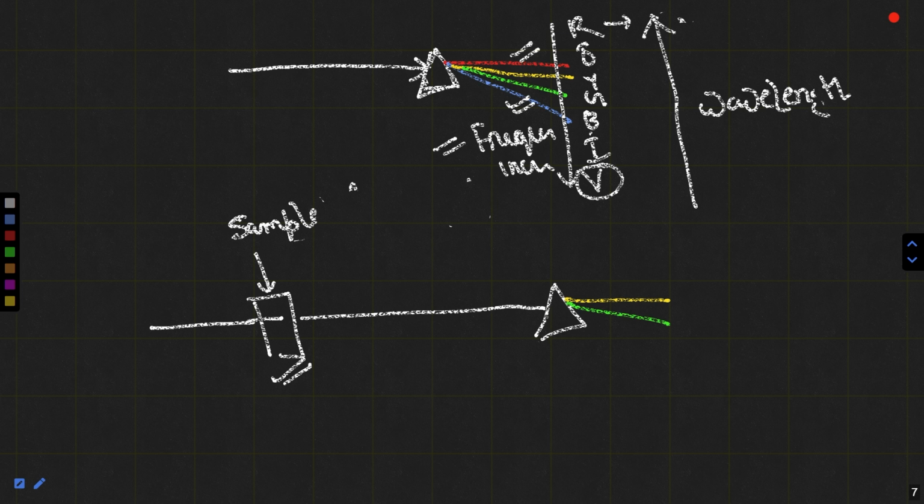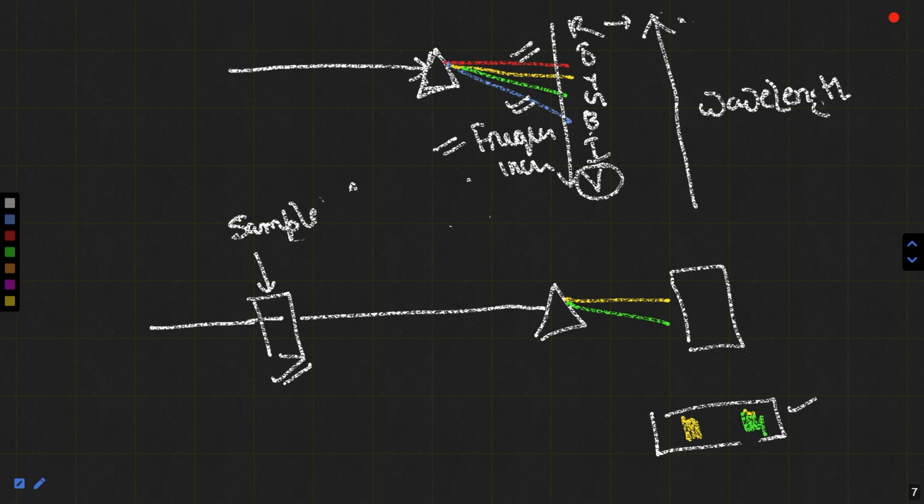Okay. Now we will have a detector here. So that detector will show us that we are only able to see yellow light and green light, whereas the rest of the part is black. So black is already being shown in the background. So the rest of the part is black.